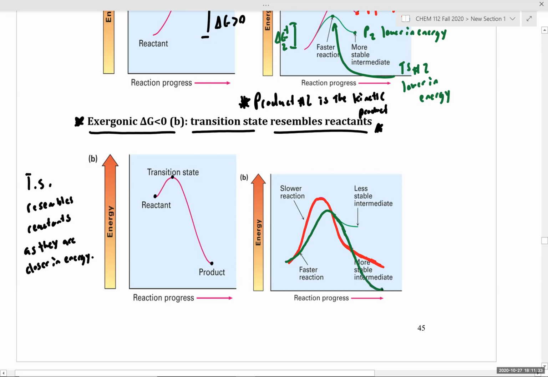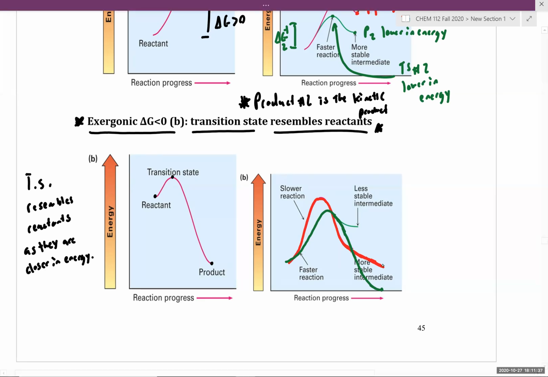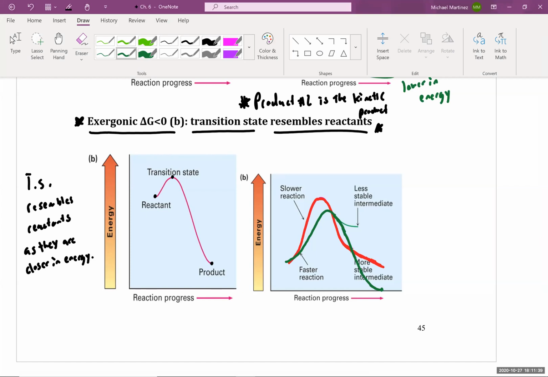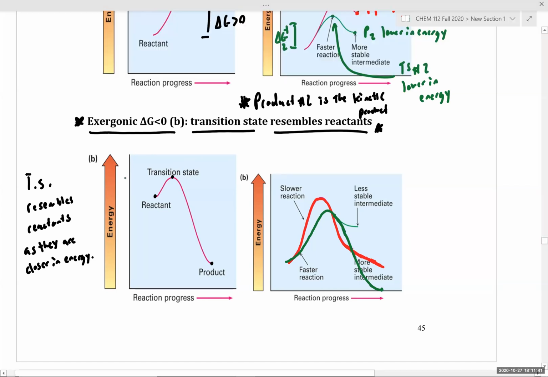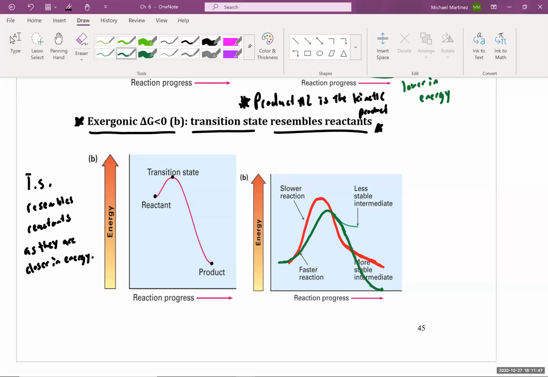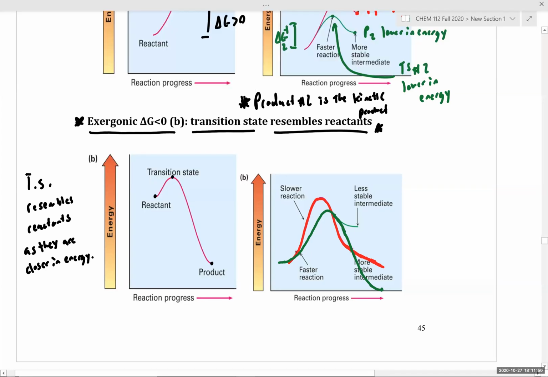So we've modified this drawing slightly. And now we're going to analyze and compare and see the major differences between an endergonic and an exergonic reaction.